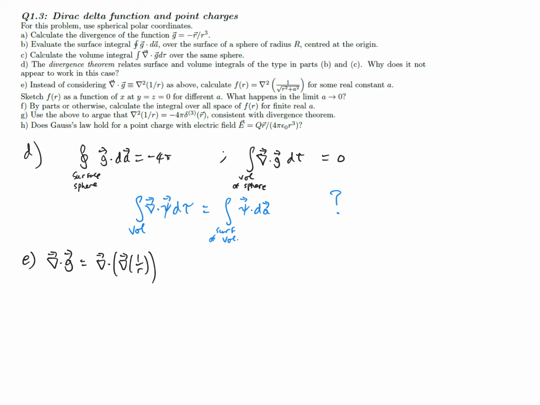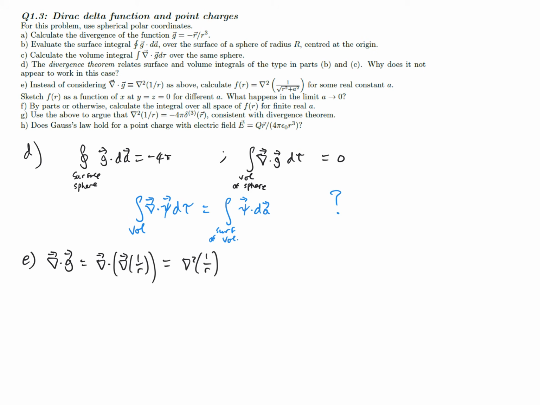And so the divergence of the gradient is of course just the Laplacian of 1 over r. But instead of considering that, we're going to calculate the Laplacian not of 1 over r, but of some regularized function which shifts slightly the divergence away from 0. So how do we do that?